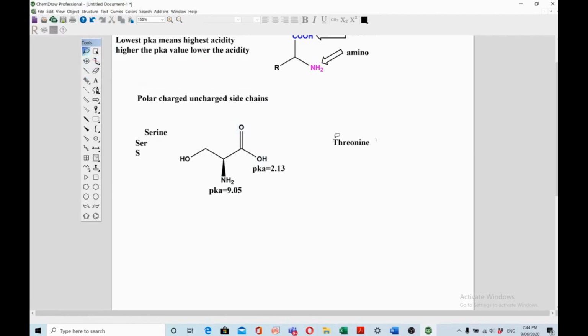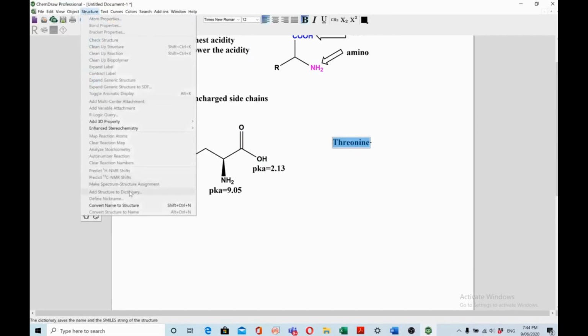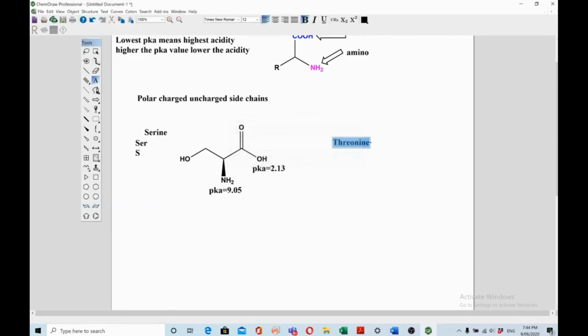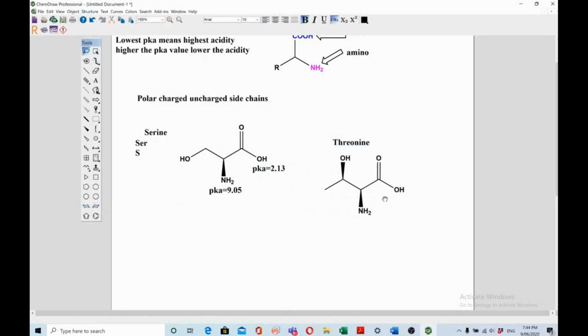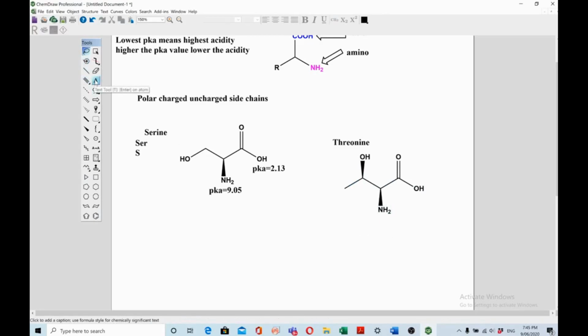Okay, next is threonine, an amino acid of this family of polar uncharged amino acids. This is threonine again, having 2 chiral centers and no charges.